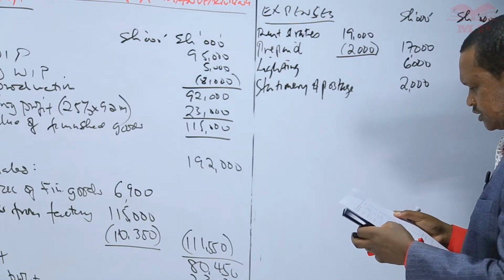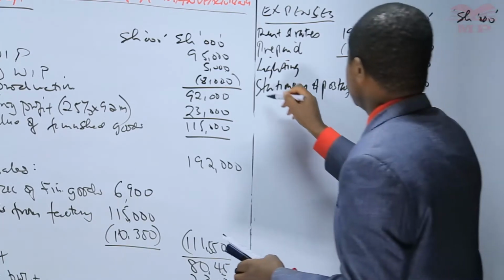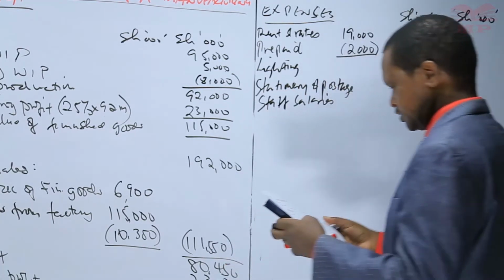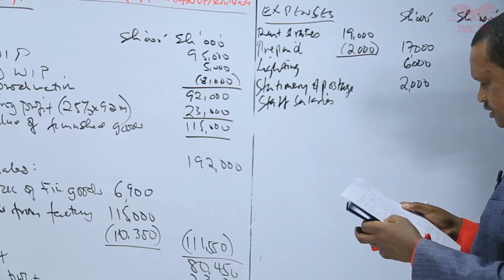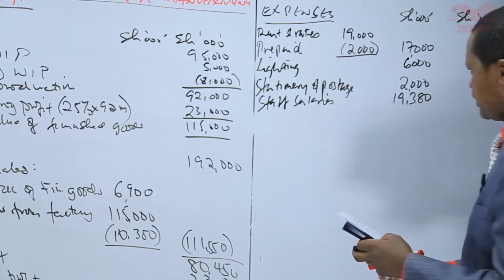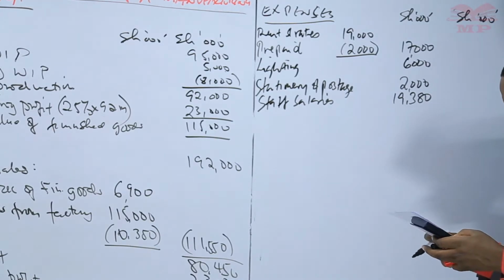Stationery and postage. Staff salaries 19,380. 19,380 staff salaries.